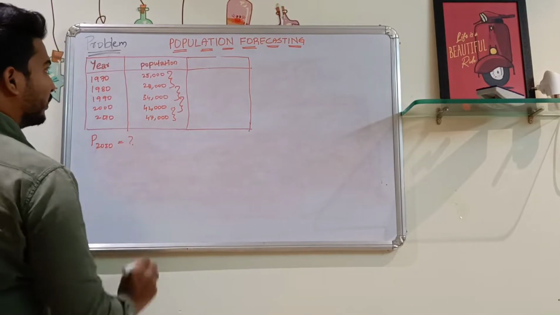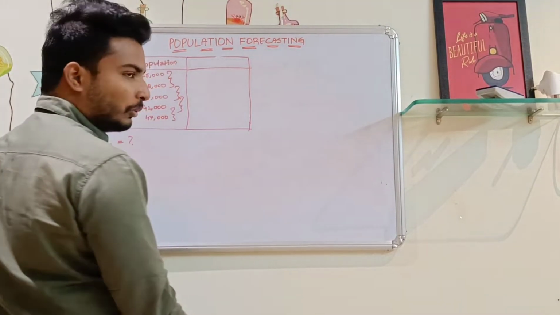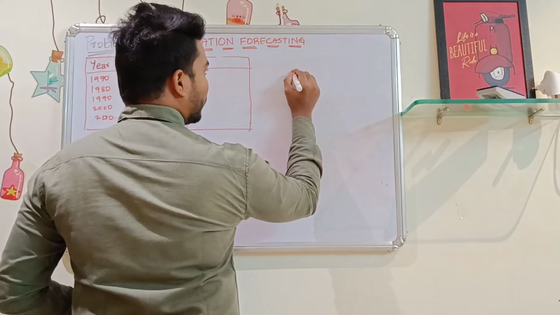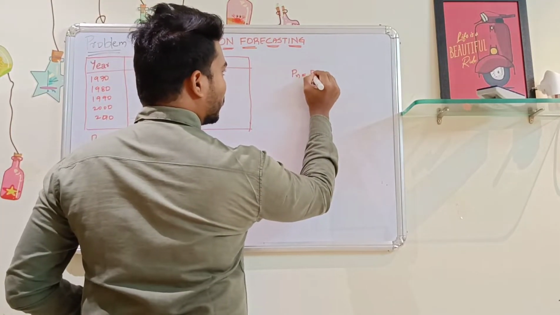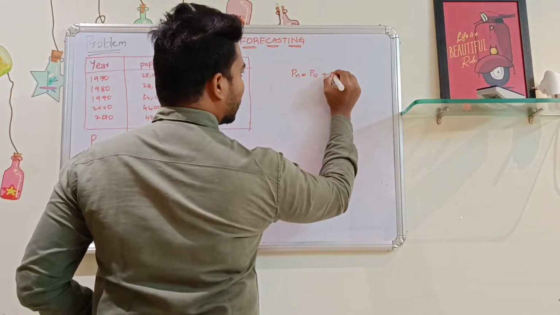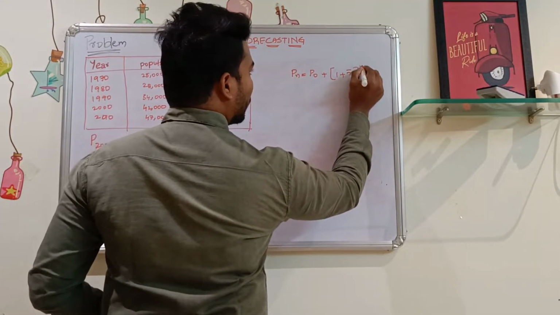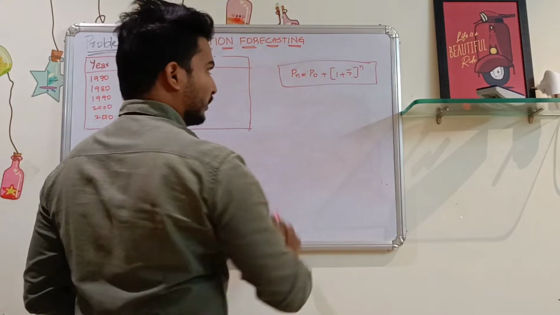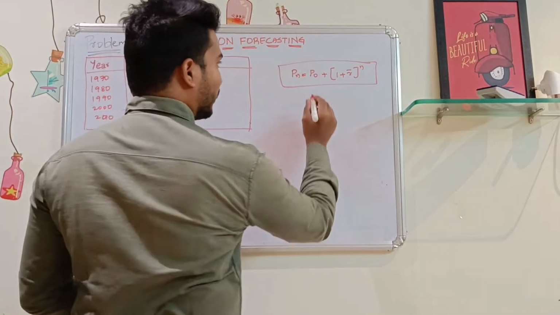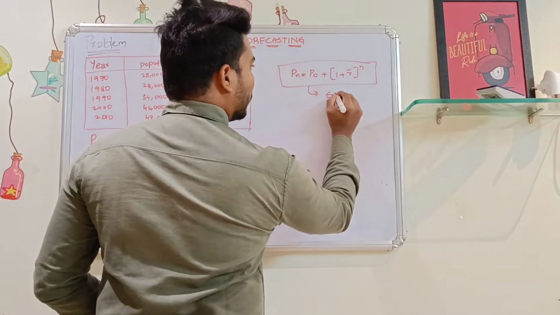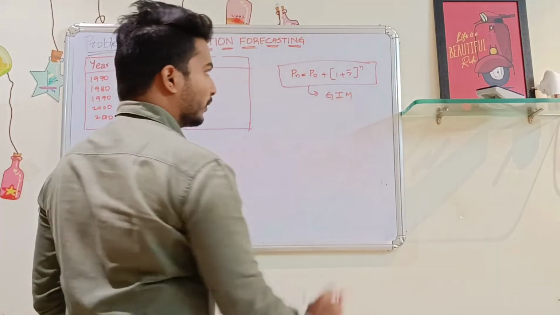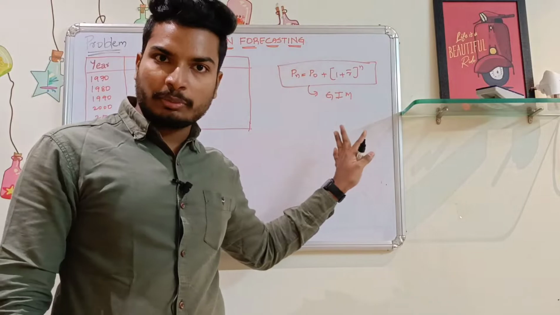I don't know. By the geometric increase method, I know the formula: Pn is equal to P naught into (1 plus R bar) whole power n. This is the formula in the geometric increase method.